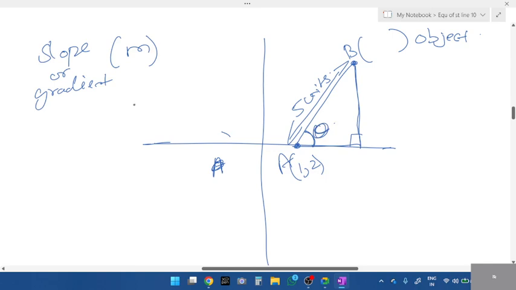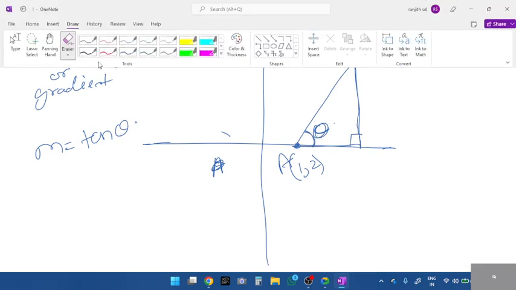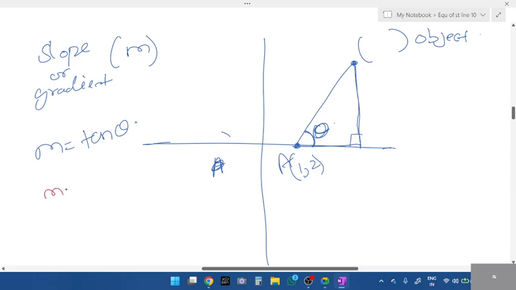If they give us the angle, the formula to find the slope m is tan theta. Remember tan theta. For example, if they give 30 degrees, what is tan 30, students? All of you respond. Just substitute. Tan 30 is 1 by root 3.